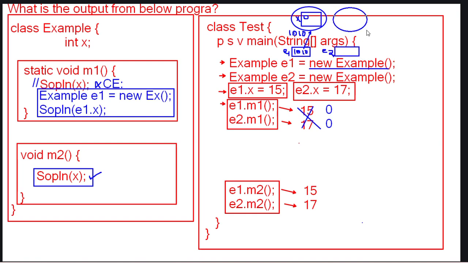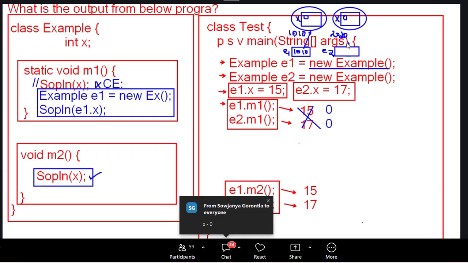Another new object is created with reference 2020. Again, one more copy of memory of x, with value 0. Then 2020 is stored in E2, pointing to it.